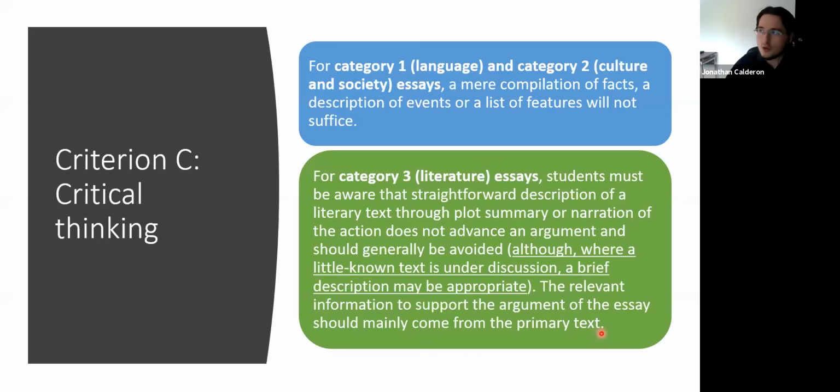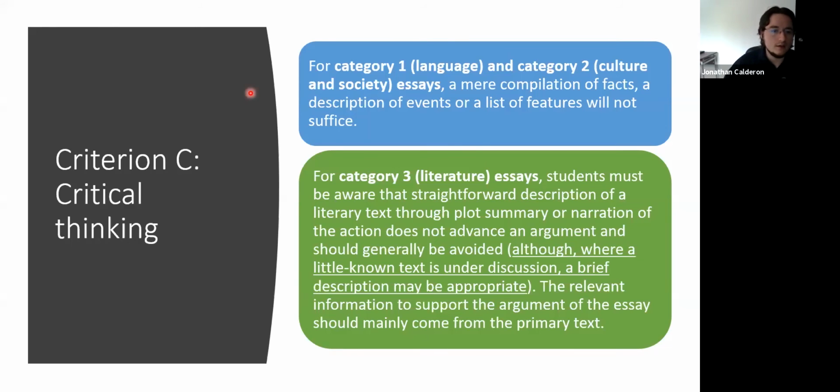So if you're going to prove that certain character is the representation of certain archetype, it must be clear in the text. You're not going to say this character is this archetype because another author said so. No, it has to be clear and evident inside the text, okay?